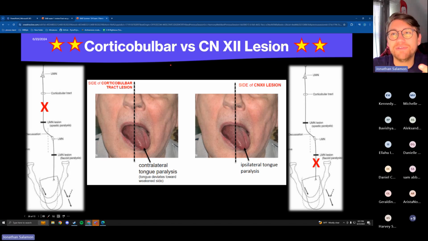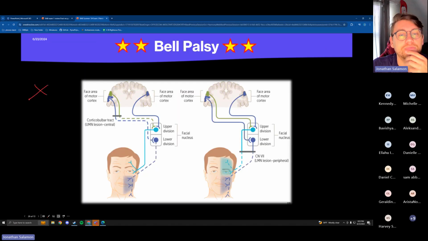It looks like a cupcake holder, I guess, the little ruffly things. If you see a picture like that, it's spastic, and it's probably an upper motor neuron lesion. Just something to keep in mind, because if you see the tongue deviating to one side and it looks spastic, or they talk about spasticity specifically, it is an upper motor neuron injury. They want you to know that it is on the contralateral side.